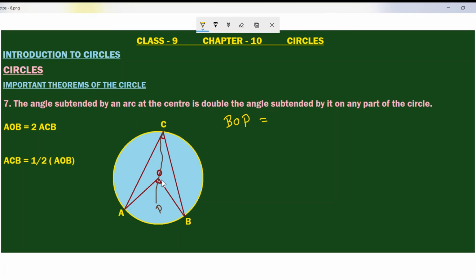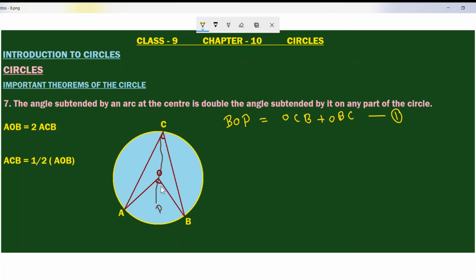So the opposite interior angles are OCB and OBC. So OCB plus OBC. This is our first equation.